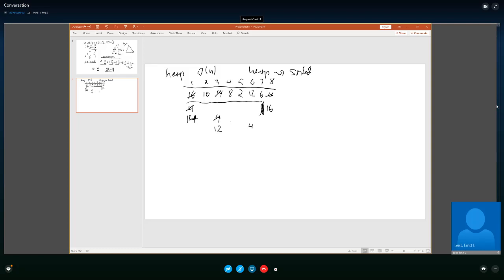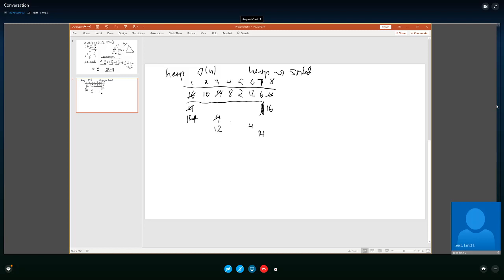And now what we have here is a heap in positions 1 through 7, which of course, again, as before, has the largest element in position 1. And once again, we know where that element is supposed to go. It's supposed to go into the last position of the heap, which is 14, which is position 7.